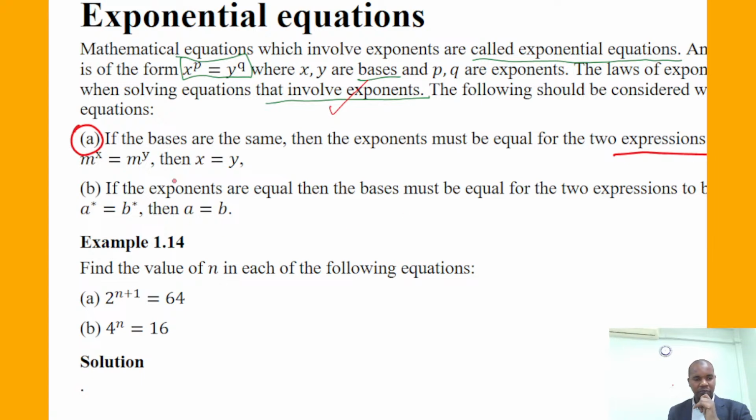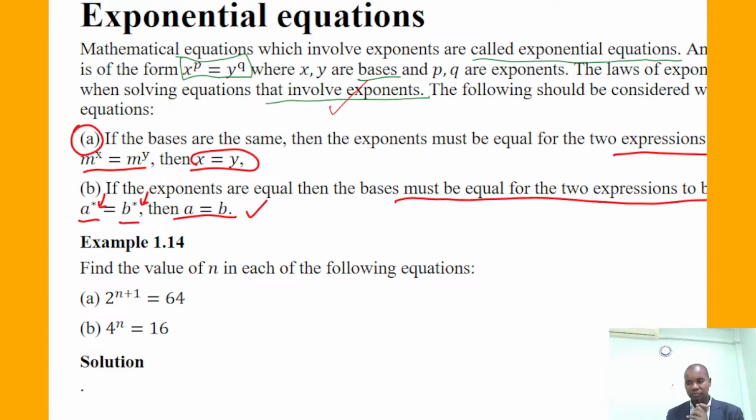That is, if we have m to the power x equals m to the power y, then x has to be equal to y. In this case, we just compare the exponents. But also, if the exponents are equal, then the bases must be equal for the two expressions to be equal. That is, when you have a to the power n equals b to the power n, the exponents are equal, and so the bases will be equal.